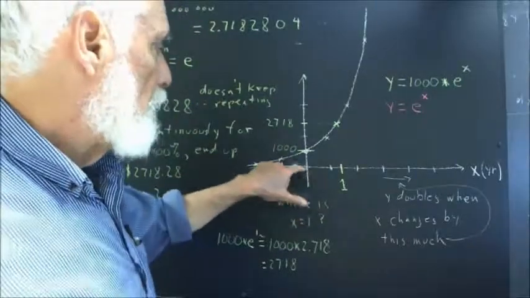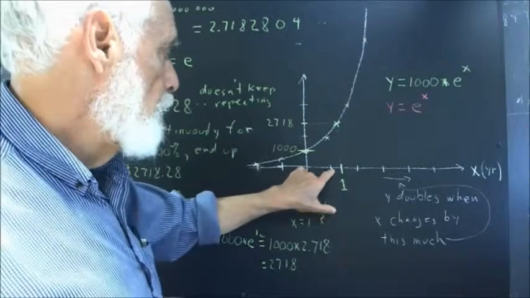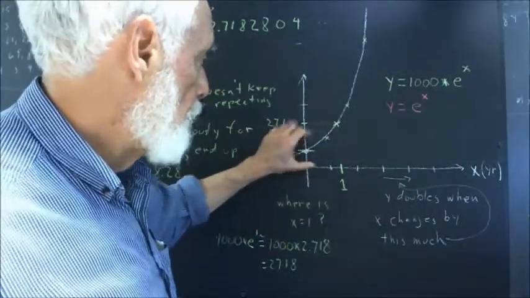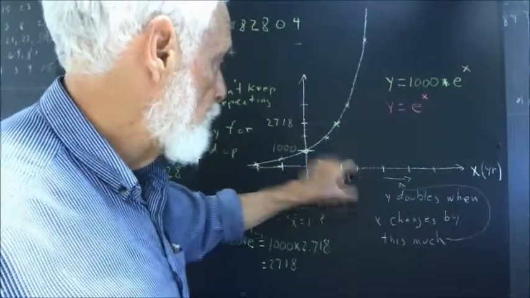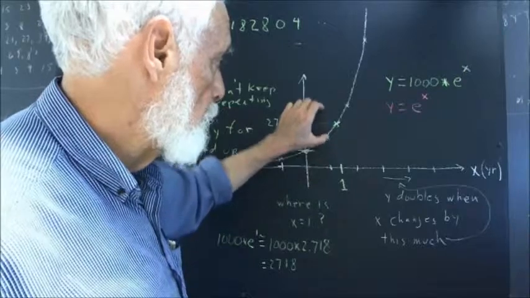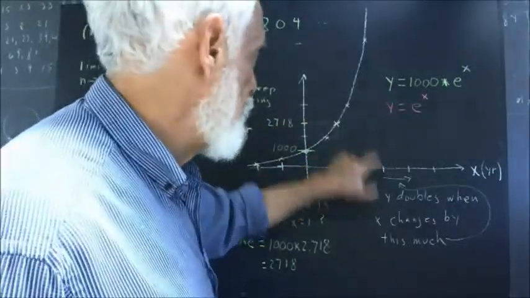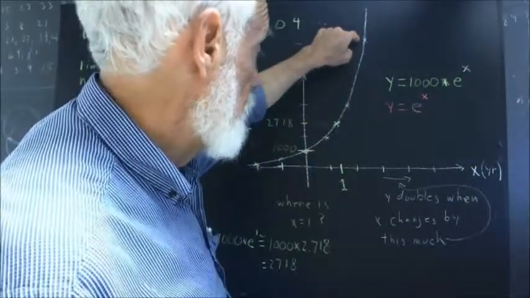Okay, so we mark a point on the x-axis. We move the doubling distance, and we double the y value. We move the doubling distance again, and we take the y value, and we double it, and we get this y value. We move the doubling distance again, and this y value becomes this y value.